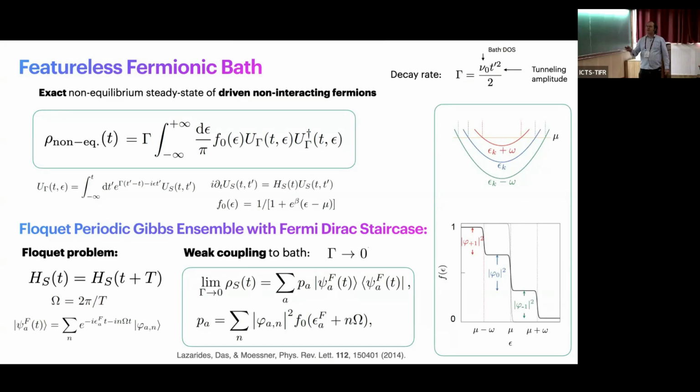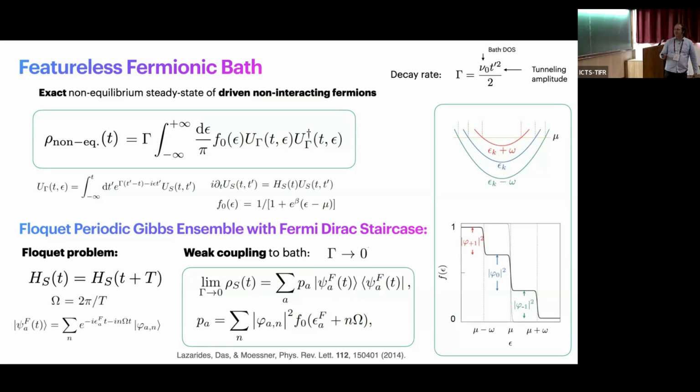So in a sense, you can picture that it's as if you had the Floquet energy, and now consider the boosted copies of that Floquet energy by the driving frequency, and you imagine that there is a global chemical potential which is fixed by the bath, and so that's where you get the different jumps. Every time the chemical potential intersects one of these Floquet copies, you're getting one of the jumps of this staircase, okay? That's the picture of what the state is.